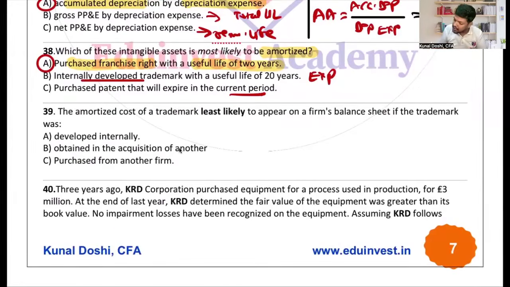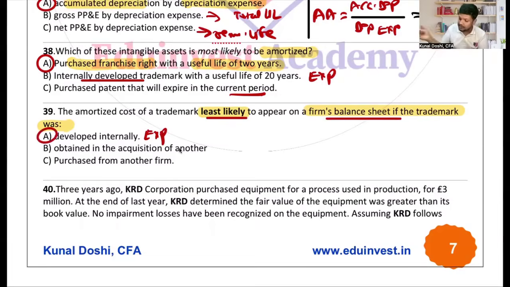The amortized cost of the trademark is least likely to appear on the firm's balance sheet if the trademark was, see, 38 and 39 are connected, developed internally. I told you, those developed internally are expensed. Is it going to appear on the firm's balance sheet?